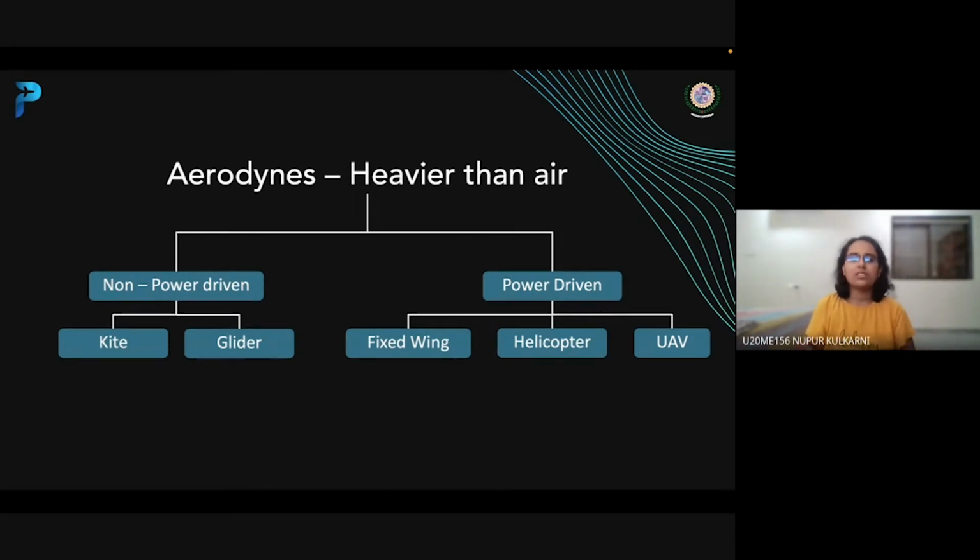For those who haven't seen gliders, a glider also looks like an airplane, but it doesn't have an inbuilt power system. It is either attached to another aircraft and then let go from an altitude. Under power driven, we have fixed-wing airplanes, which we see like the cargo ones and passenger ones, helicopters, and UAVs.